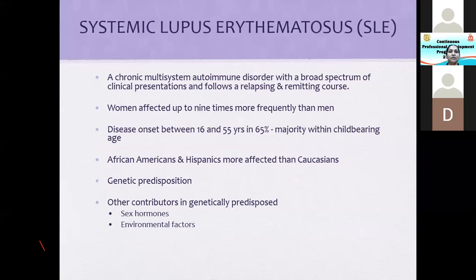When we consider systemic lupus erythematosus, or SLE, it is a chronic multisystem autoimmune disorder with a broad spectrum of clinical presentations, and it follows a relapsing and remitting course. Females are more commonly affected, and the disease is more commonly seen in the childbearing age groups, between 16 to 55 years of age in the majority.